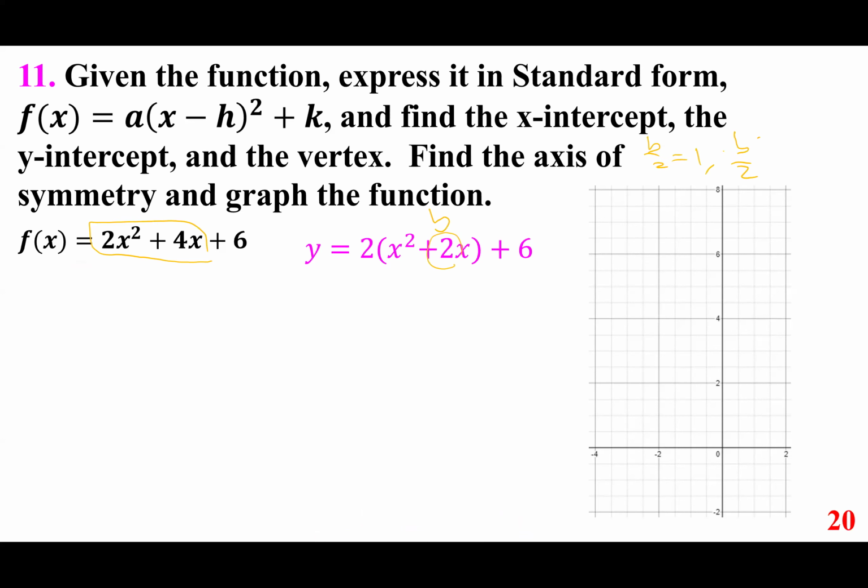If you square it, you get 1 also. So you're going to add 1 inside. Now, it's important to know that when you add 1 inside the parentheses, you're adding 2 times 1. So to undo it, you either add 2 to both sides, or you add 2 and subtract 2 to undo it.